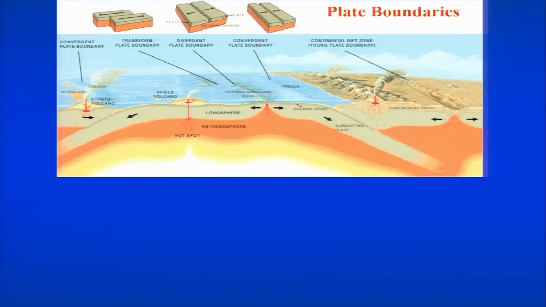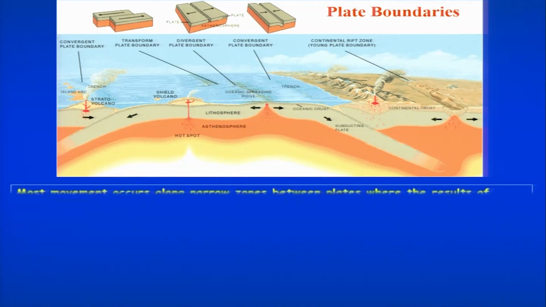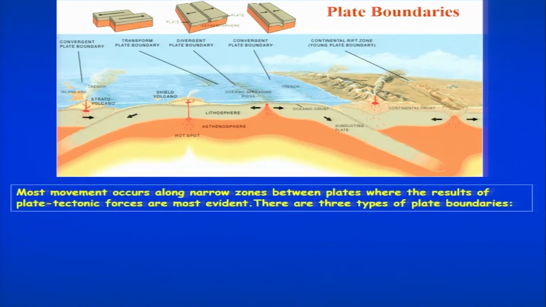Now, plate boundaries, as I was discussing, we can classify in three major categories: convergent, transform, and divergent plate boundaries. Most movement occurs along narrow zones between plates where the results of plate tectonic forces are most evident.